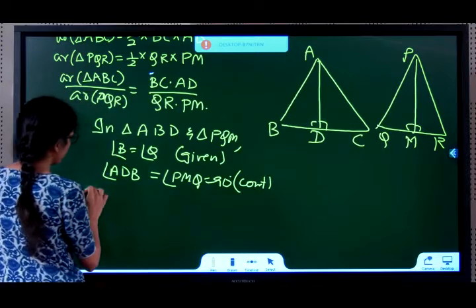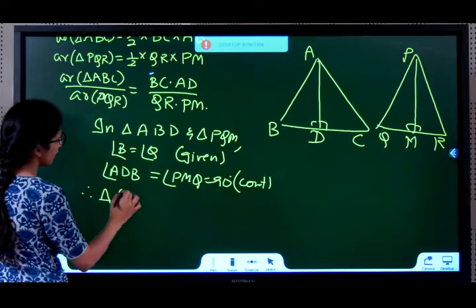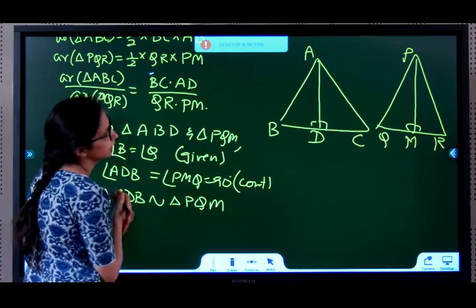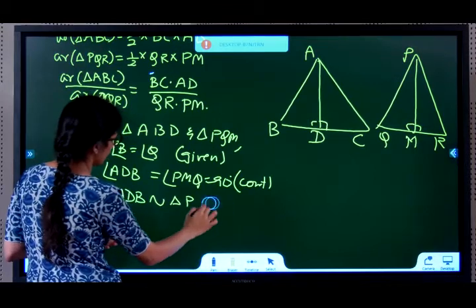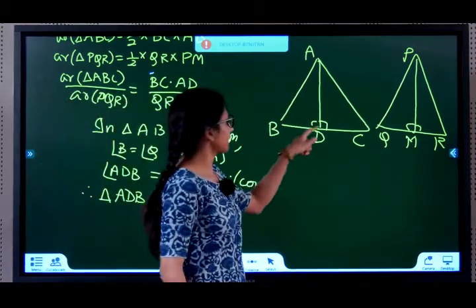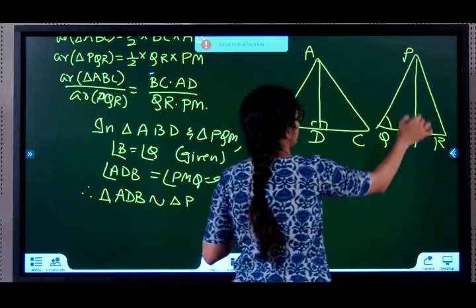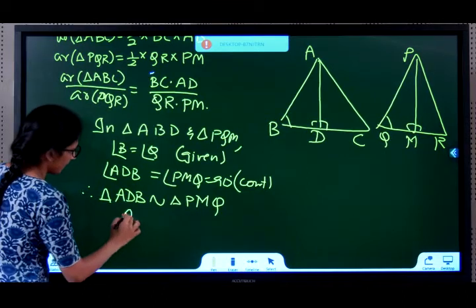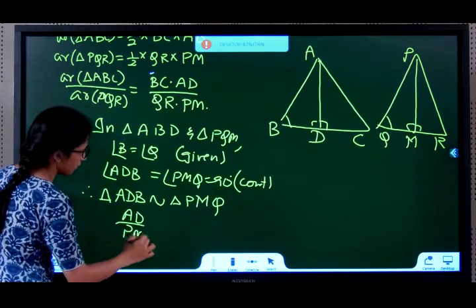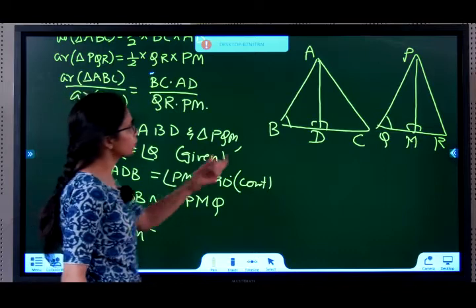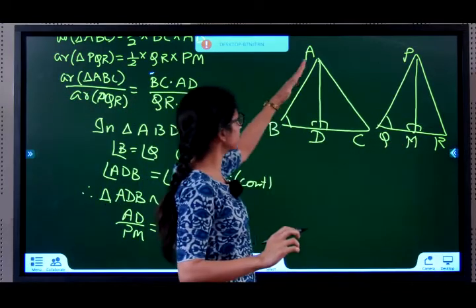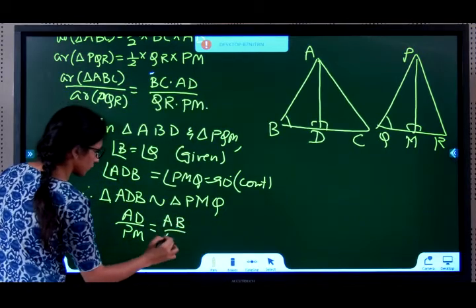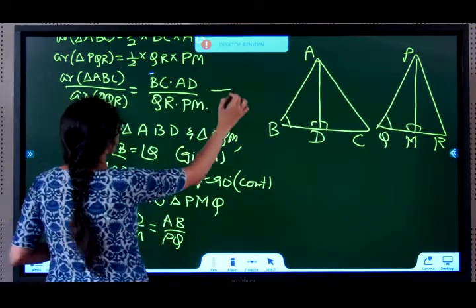Therefore, triangle ADB is similar to triangle PMQ, by the AA criterion, with 90 degrees and the common angle. I don't want AD by PM alone. The other option is BD by QM, but no, I want a whole side. So AB by PQ. So AD by PM is equal to AB by PQ. Let's call this equation 1.